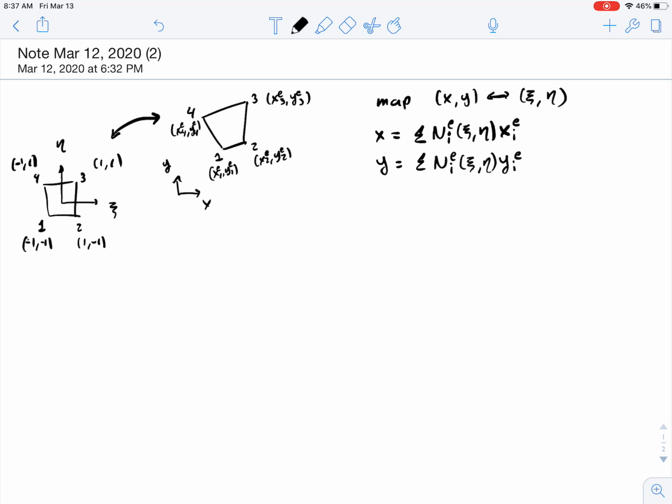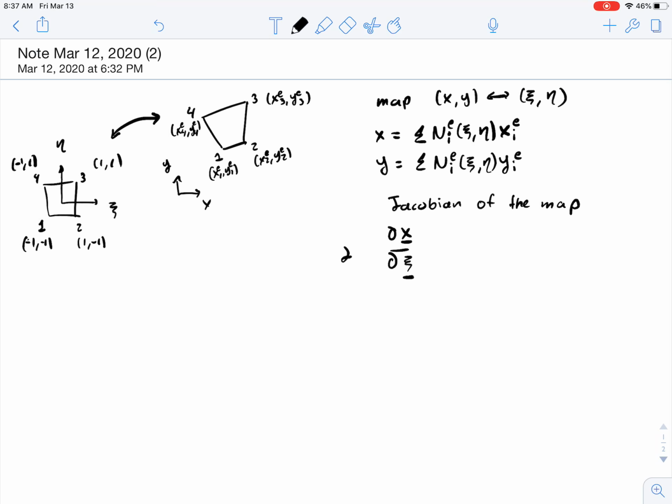So given the map, we also talked about how to get the Jacobian of the map. The Jacobian of the map is basically the derivative of the map. So the derivative of the xy coordinates with respect to the parent domain xi, eta coordinates.